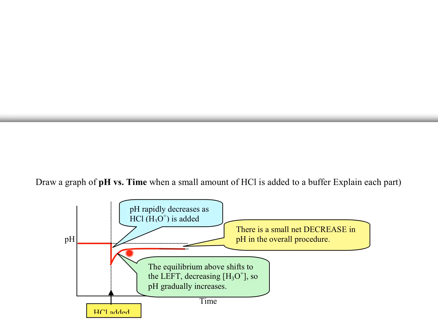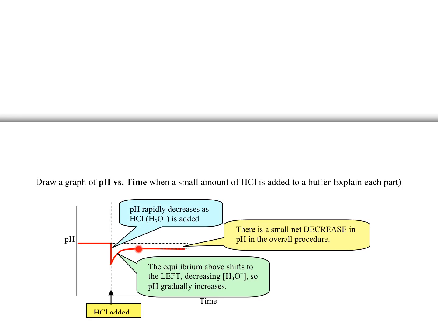It shifts to bring my concentration of my hydrogens back to their original amount, or as close as possible. And by bringing the concentration of hydrogens back, we therefore are bringing our pH as close as we can back to its original pH, which means overall we have a net decrease in pH.